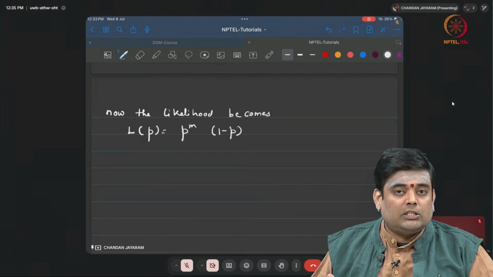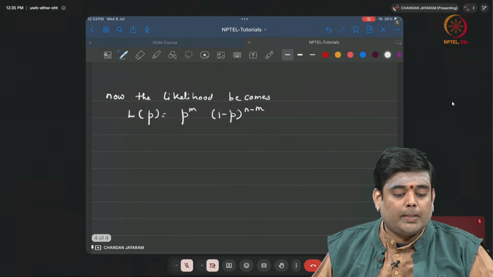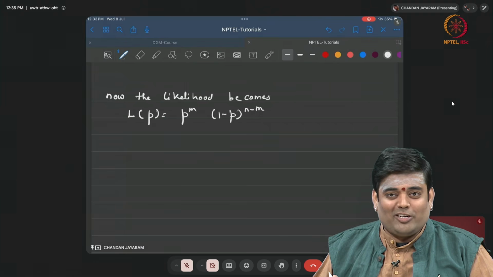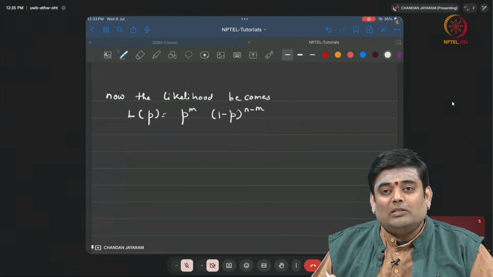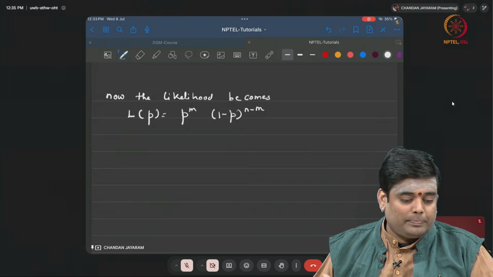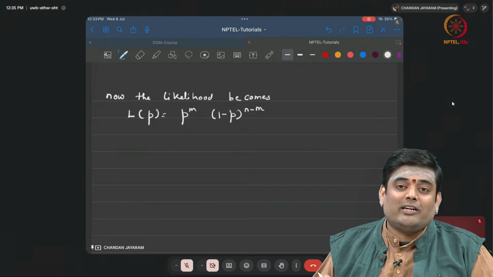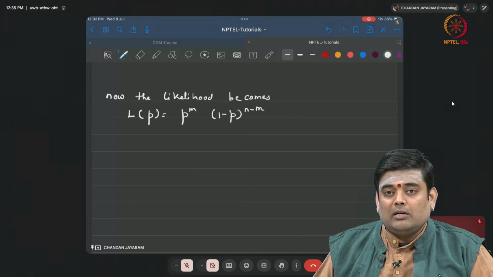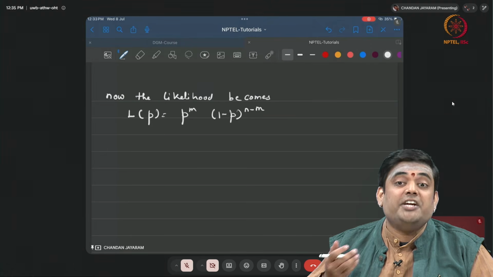Okay, this is what it becomes. Does this formulation ring a bell? This is exactly the likelihood of Bernoulli, wherein I am considering the negative term is treated as success. So you have m successes that have been observed in n trials.